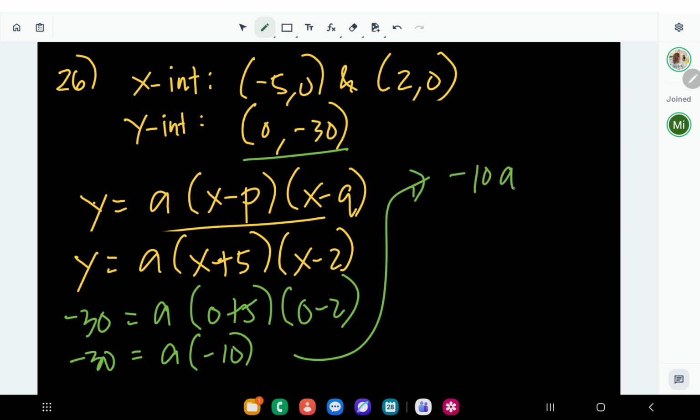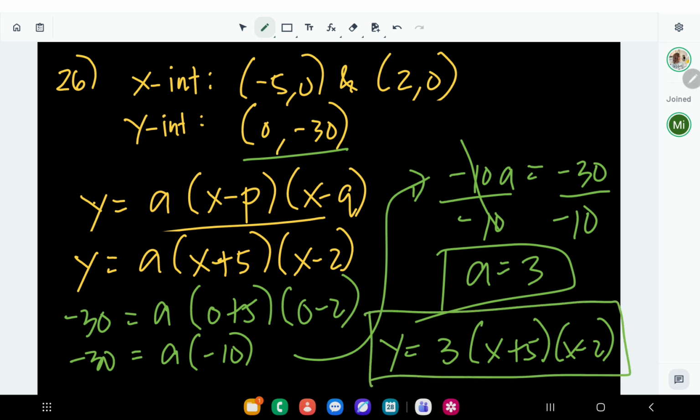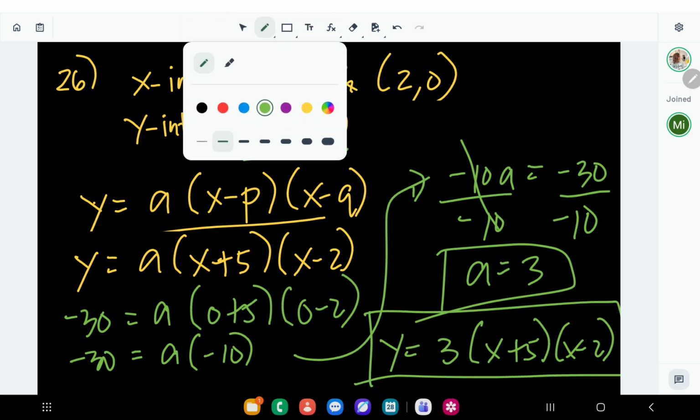So negative 10a equals negative 30, divided by negative 10. So a is equal to 3. So your equation would be y equals 3 times x plus 5 times x minus 2. Yes, this one is correct, okay? So this is our equation. You should know how to do that. So that's the technique.